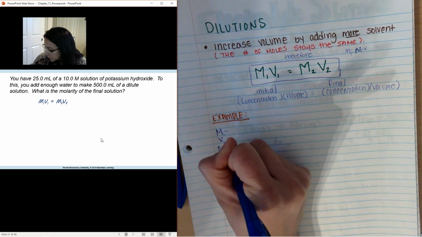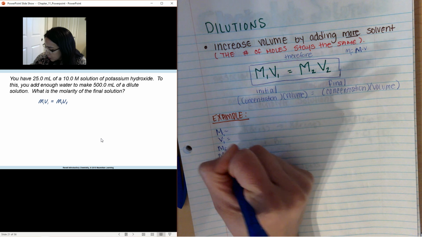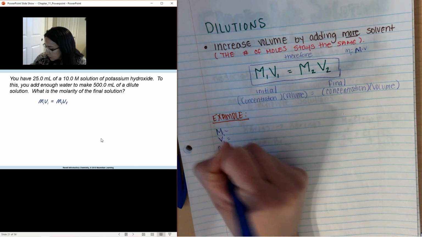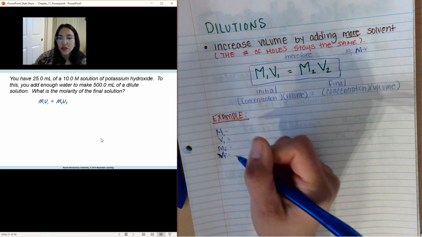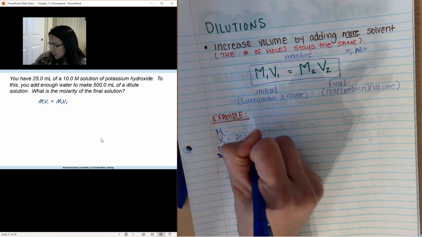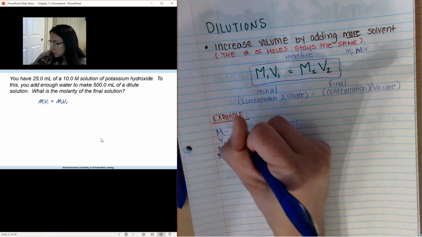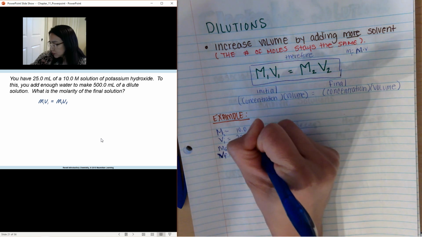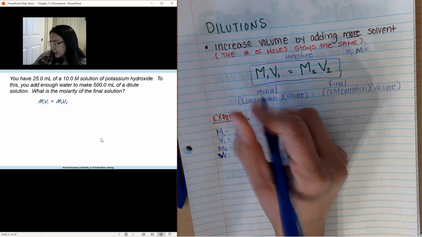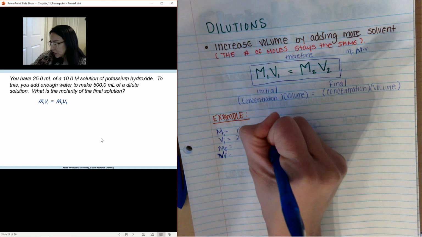So I'm going to just put final, or you could put the number 2 if you like. Volume final. And let's see what we have. So we have 25 milliliters and 10 molar solution. Okay, and this is the molarity of potassium hydroxide, so KOH.